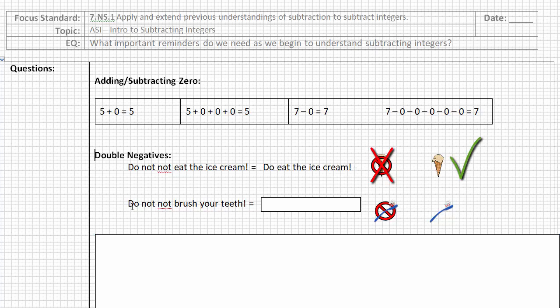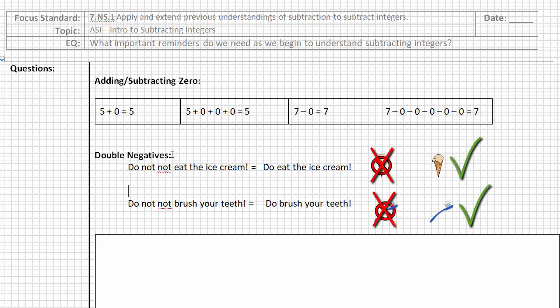Okay, let's take a look at another one. Do not brush your teeth. So again, it's saying do not do this. Well, the do this part is not brushing your teeth, and that's what it does not want me to do. So if it does not want me to not brush my teeth, it wants me to brush my teeth.